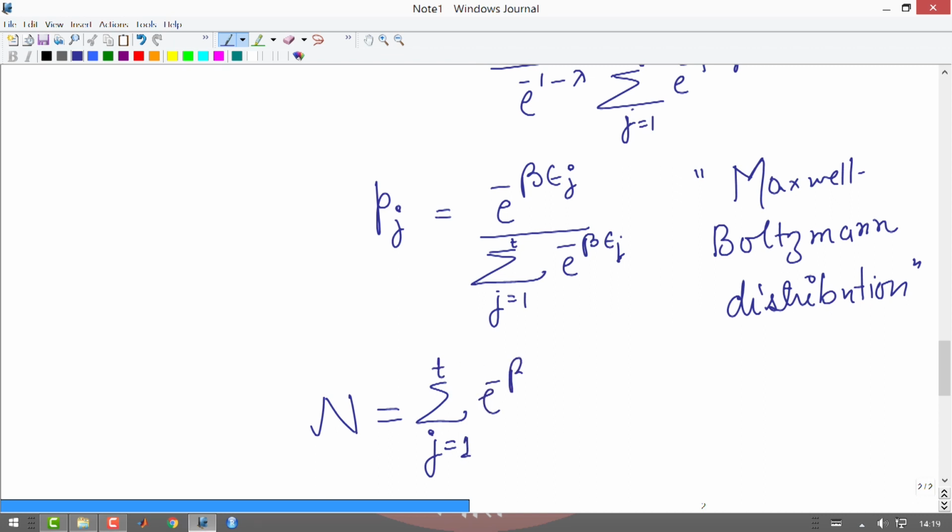So, in some sense this is like a partition function for your problem, which depends on beta. Okay. It does not depend on energy levels per se, because they are summed over all the levels. So, that is gone, but the parameter here is beta.